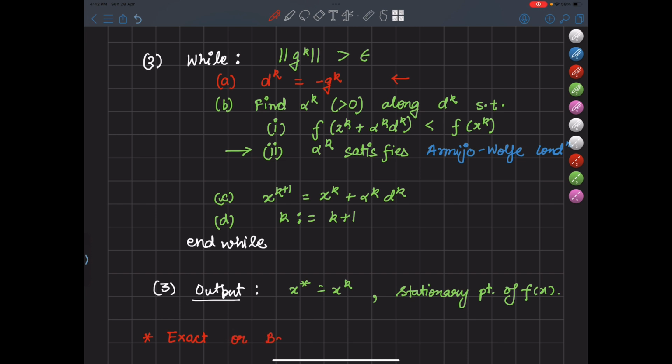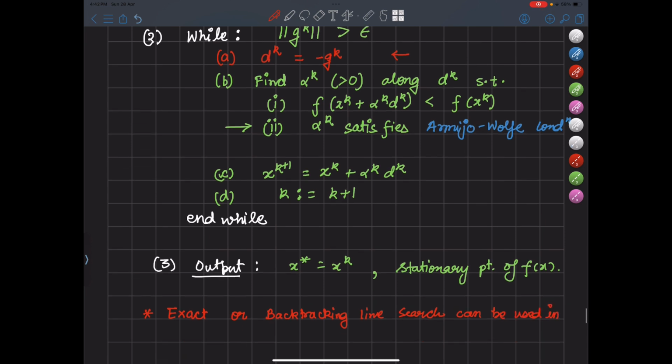So exact or backtracking line search can be used in step 2b. Alright, so this is the steepest descent algorithm.